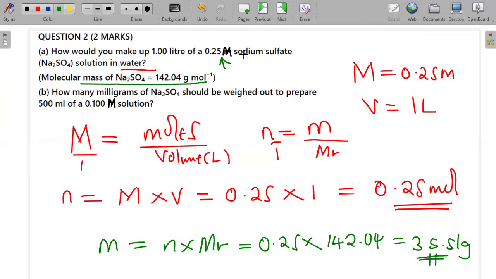In your answer, you're going to say: to make 1 liter of 0.25 molar sodium sulfate, I'm going to dissolve 35.5 grams of sodium sulfate in 1 liter of water. That's how you would prepare it. Then you make this concentration. Any questions there?